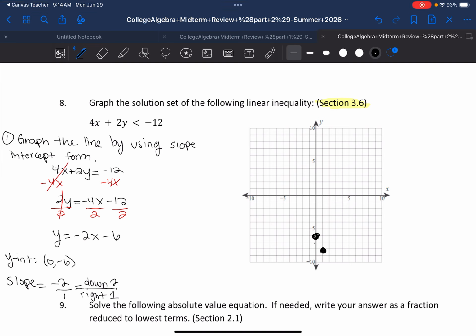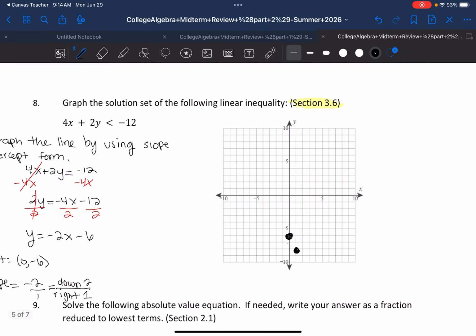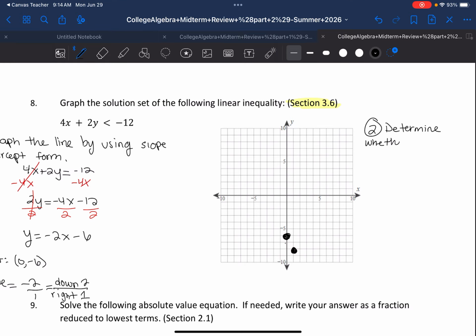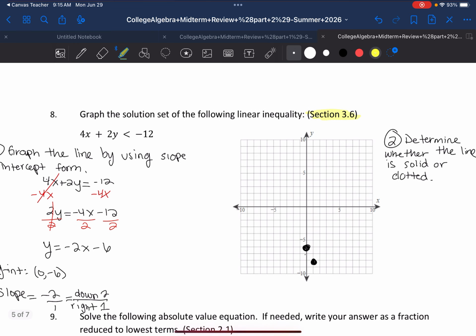Okay, now I found my 2 points, and I'm going to connect these points to form a line, but you need to know if it's solid or dotted. So step 2, determine whether the line is solid or dotted. And that has to do with the inequality symbol up here.